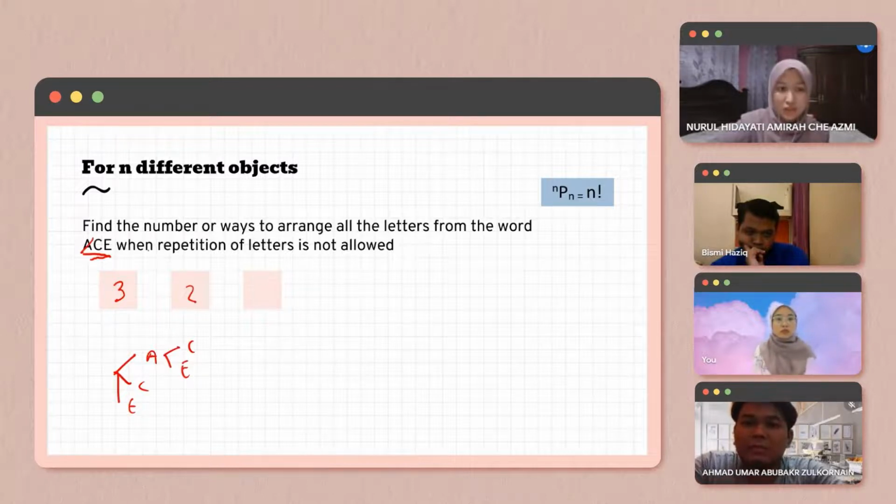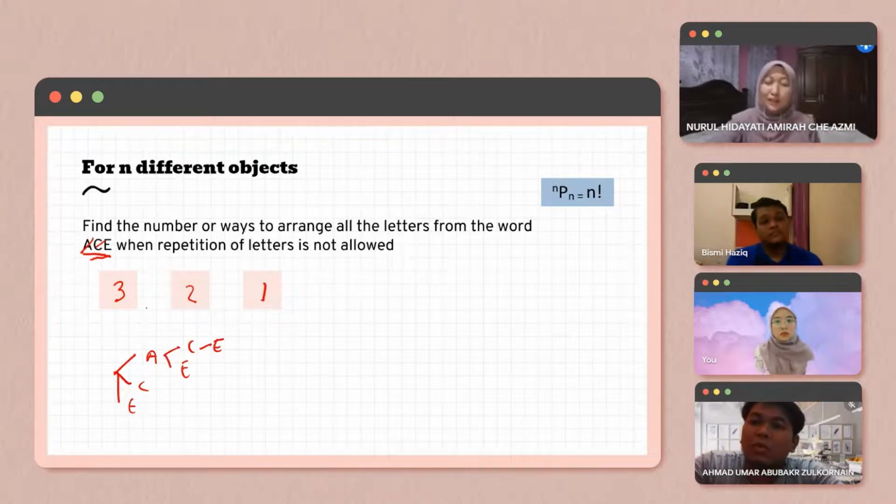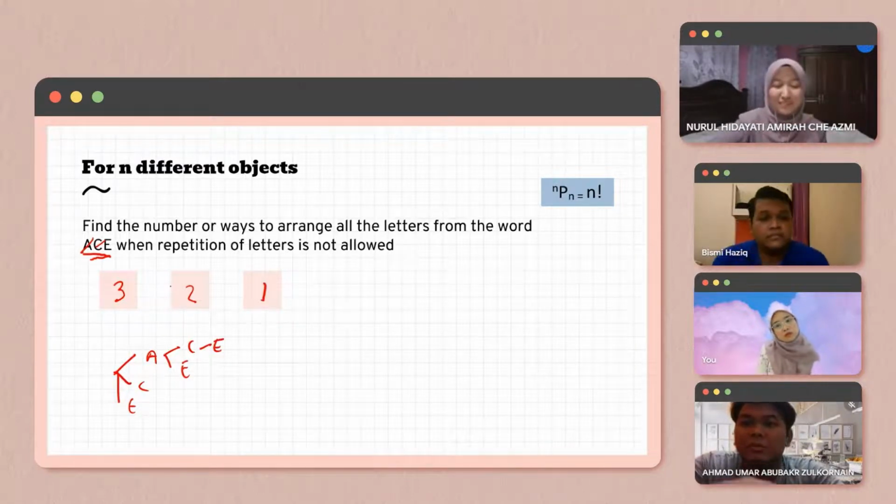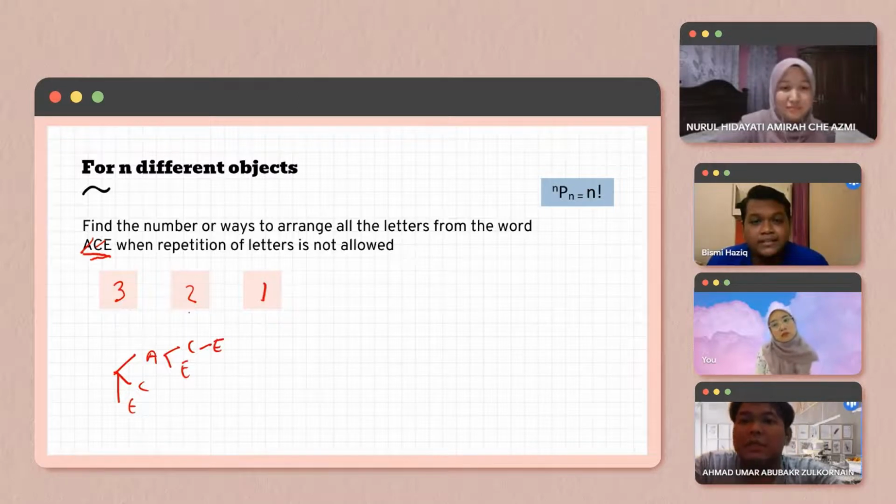If we choose C, we only have E left, so only one way. What rule do we use in this situation? Multiplication, so we times it and we get 6 ways.